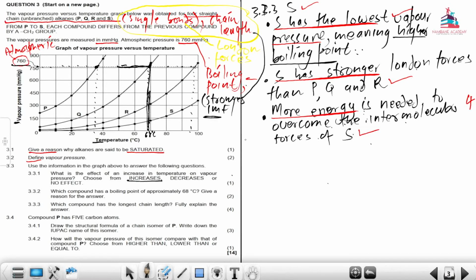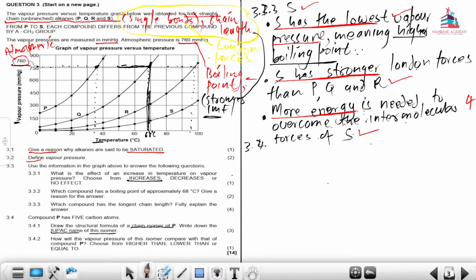Let's look at 3.4. Compound P has 5 carbon atoms. Draw the structural formula of a chain isomer of compound P. Write down the IUPAC name of this isomer.